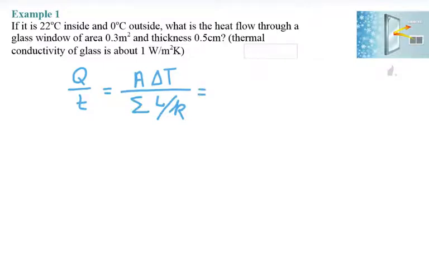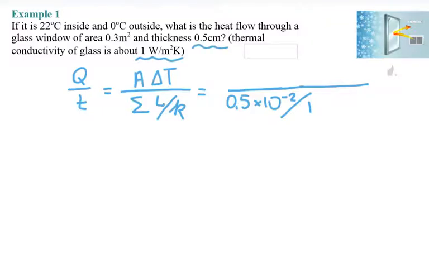Here K is 1 watt per meter Kelvin. L, the thickness, is given as 0.5 centimeters, so that's 10 to the negative 2 meters. All of it is divided by K, and K is 1 watt per meter Kelvin.